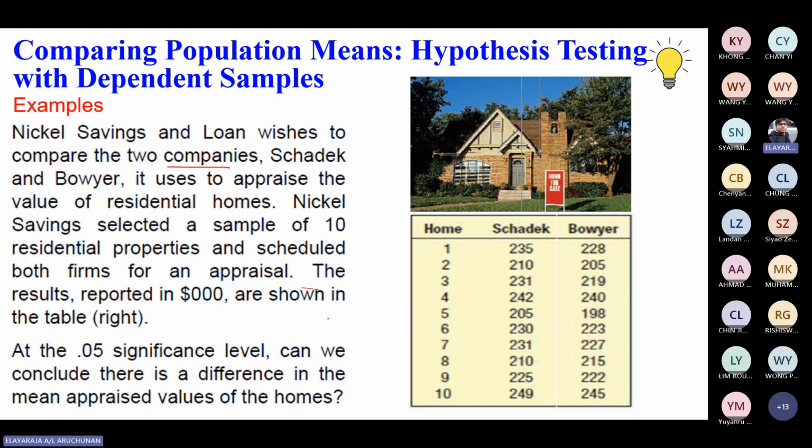It is given in the table, for example 235,000 and 228,000 from Schadek and Bowyer.